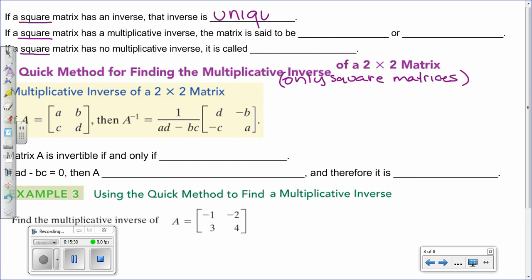That means that no two matrices have the same inverse. Every matrix has its own unique inverse, only one inverse, kind of like a function. Now, if a square matrix has a multiplicative inverse, the matrix is said to be invertible or non-singular.